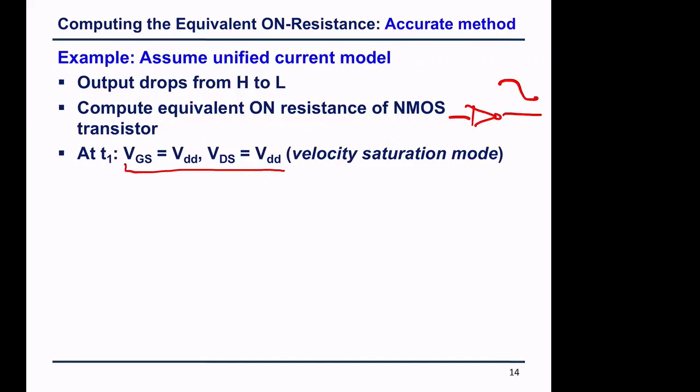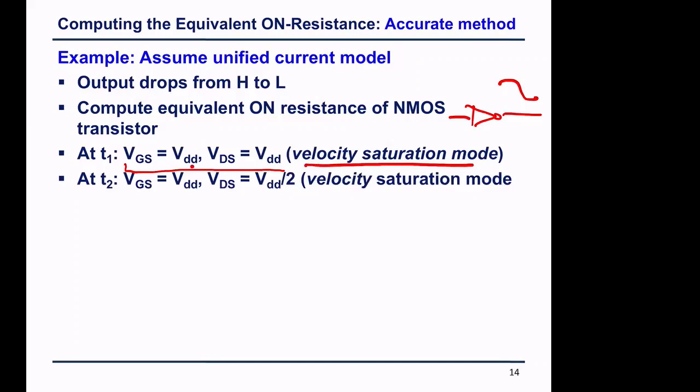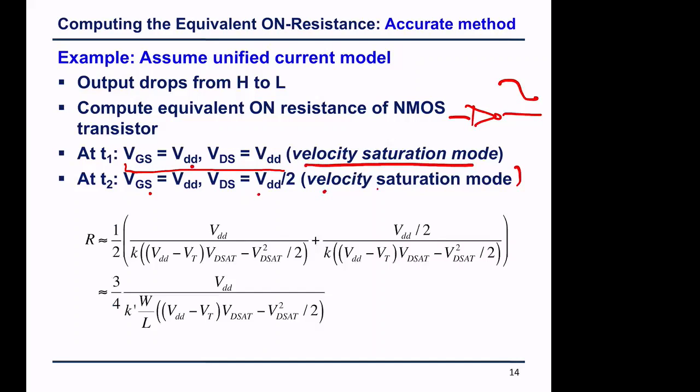And I can now check: VDS is large, VGS is large, so it will be in velocity saturation. At time T2, VGS equal VDD, we found that VDS equal VDD over 2. So if VDD is large enough, there's a good chance that I will be in velocity saturation. And then I will have the resistance.